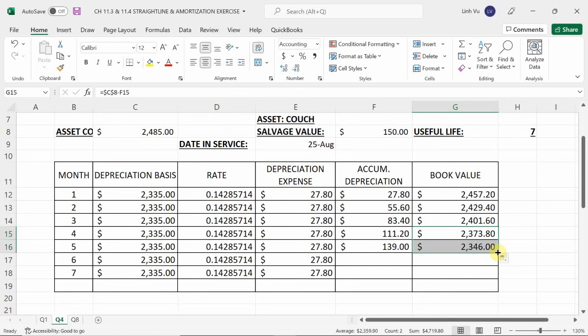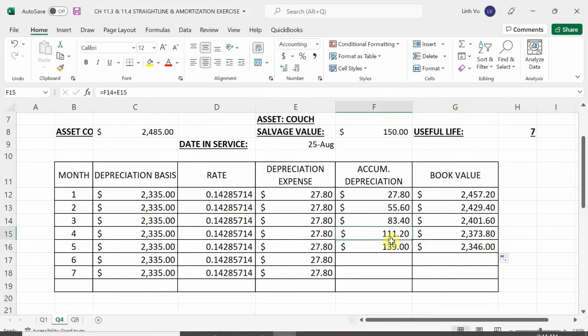So do it again. 2,485. 85.00 minus 139. 2,346. Okay. So I'm going to fast forward because it's just the same calculations over and over again.